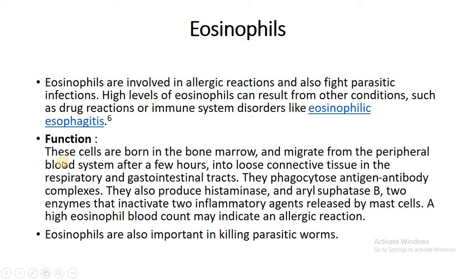They are born in the bone marrow, they phagocytize the antigen-antibody complexes, and they are also important in killing parasitic worms. Remember, they are involved in phagocytosis, allergic reactions and killing parasitic worms.